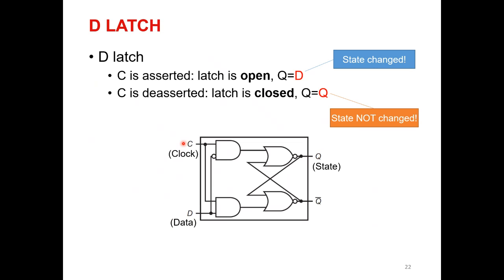If C is 1, Q will be equal to the input D. If C is 0, the latch is closed, and then Q will not be updated. Q will have the same value as before.